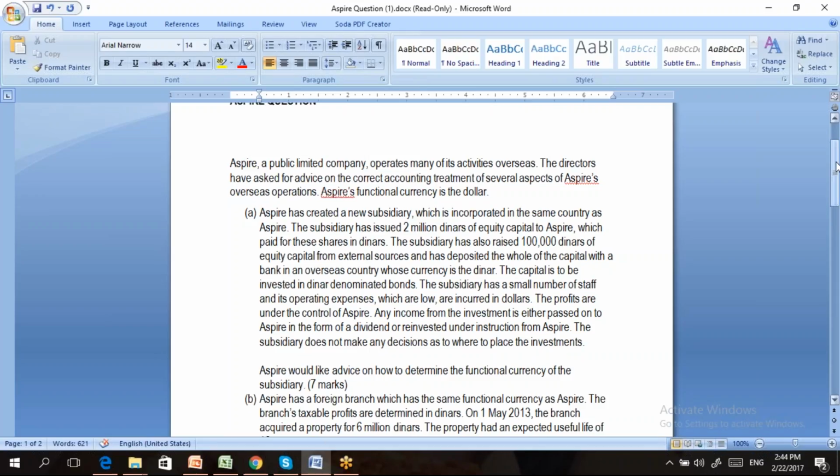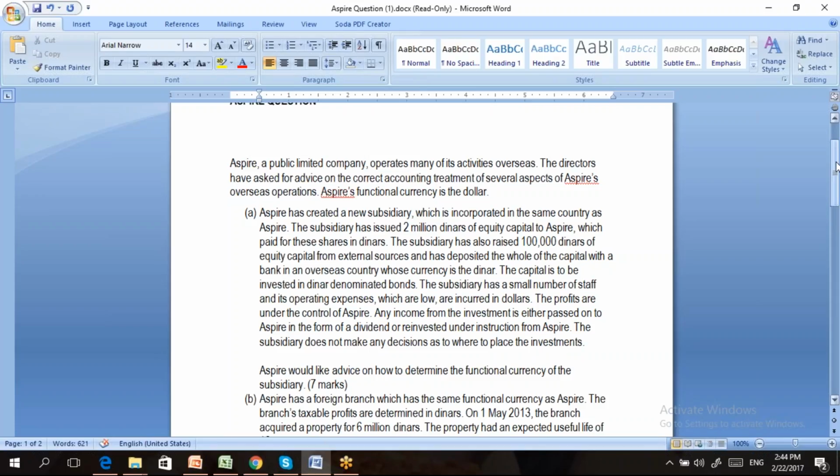They have taken money from the parent company's shares and also from an outsider, and all that money is invested outside the country, in a Middle East country, obviously in the currency, the dinar. The capital is to be invested in dinar denominated bonds.